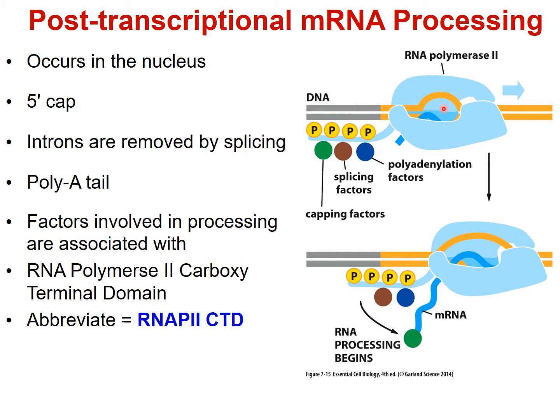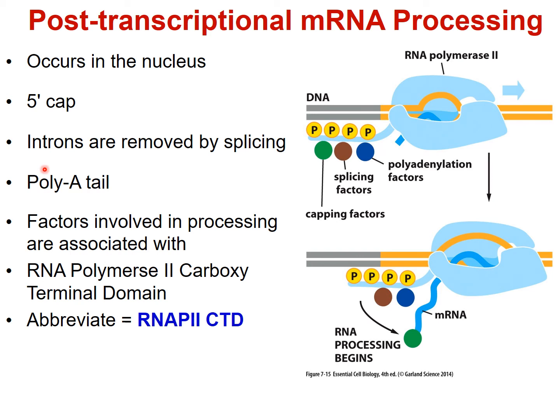There are a few different modifications. One is the addition of what's called a 5' cap. Again, we'll talk about that. There are sequences in the RNA called introns that don't make it into the final mature messenger RNA and need to get removed by intron splicing. And then this poly A tail that I mentioned will get added on to the 3' end of the messenger RNA.